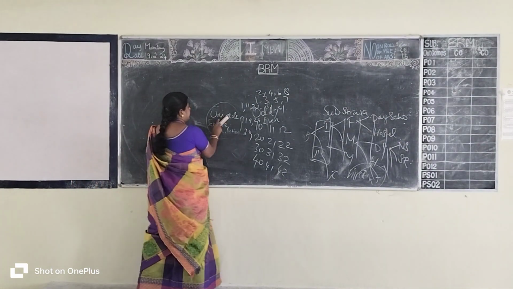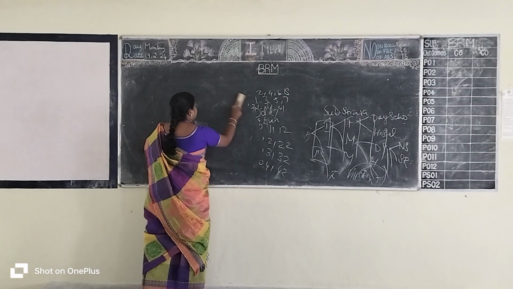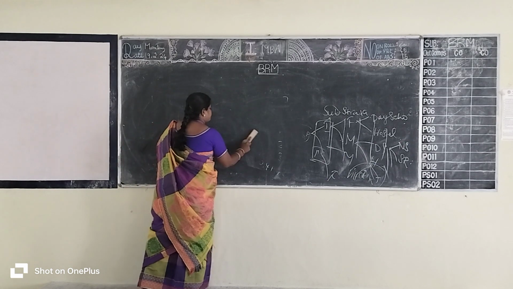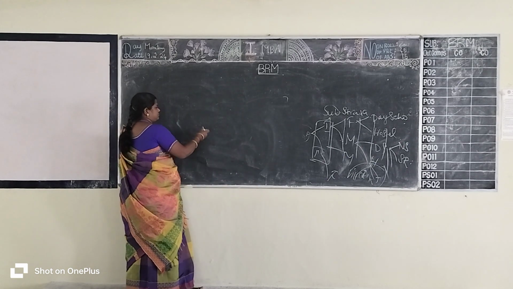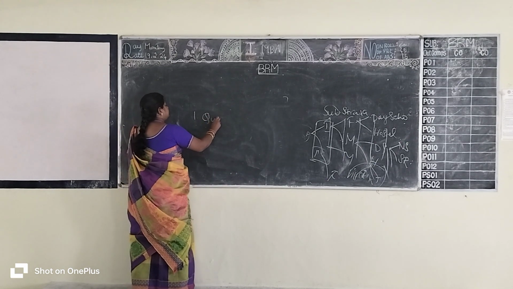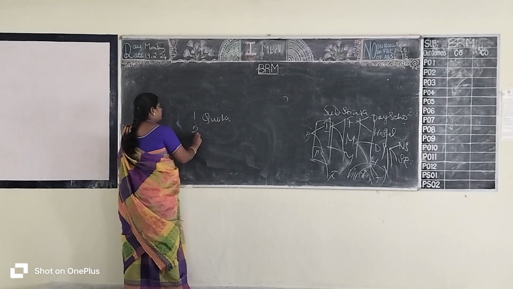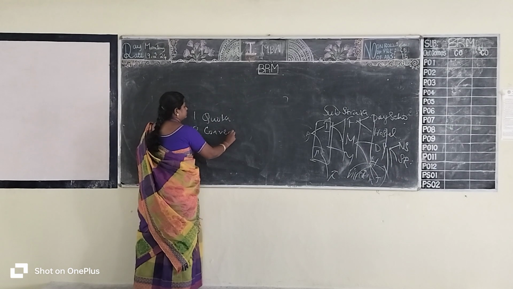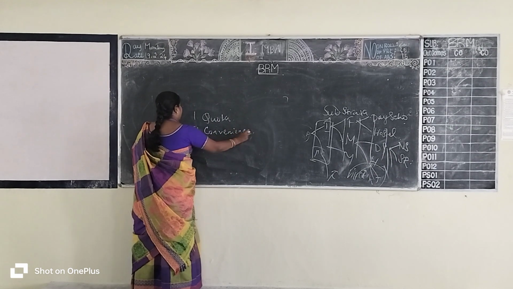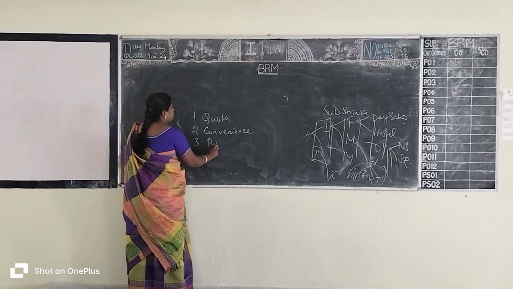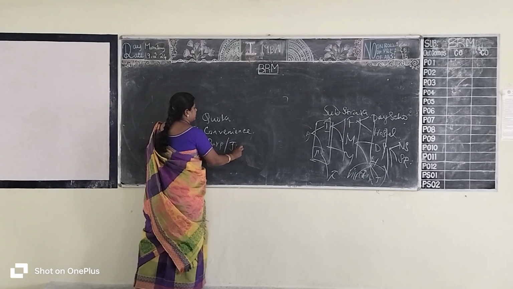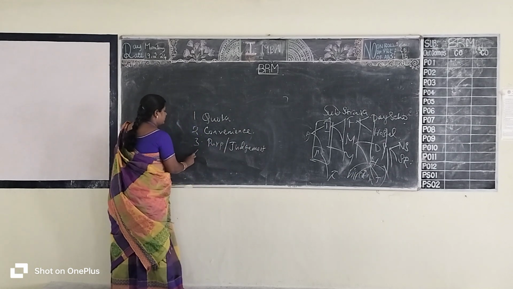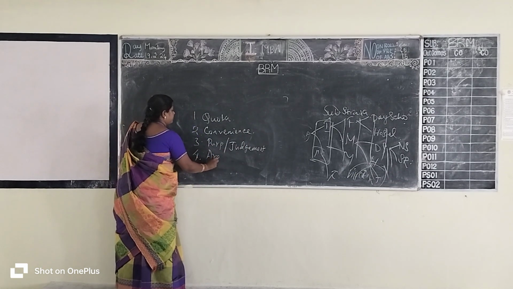Okay. And the second one is non-probability. So they are defined as quota sampling, convenience, purposive, or one more is area.